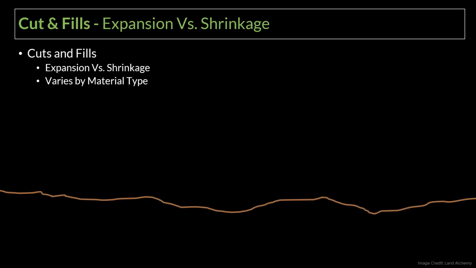So the first item that we're going to tackle here is expansion and shrinkage. That may be referred to as other things: maybe your cut and fill factors, maybe shrink and swell, expansion, compaction, etc. Now, all these terminologies are meant to say, how does our fill volume relate to the amount of cut that we have to produce to generate it?